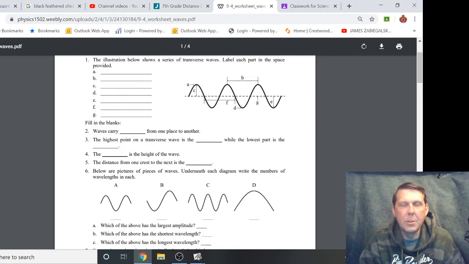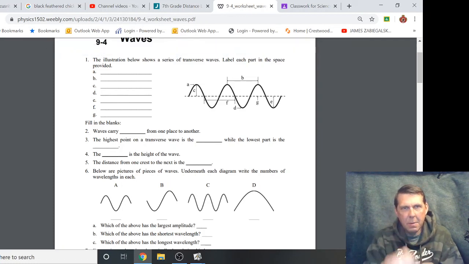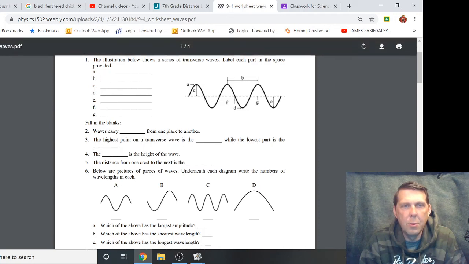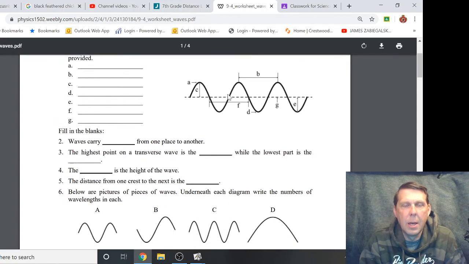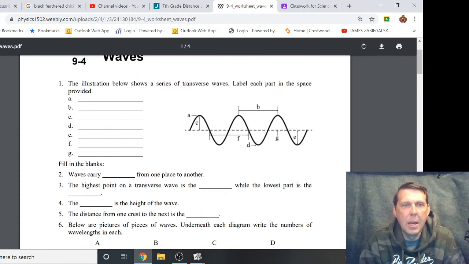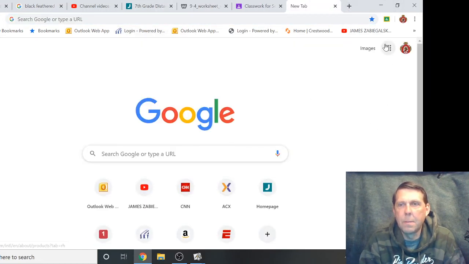You don't have to do anything else except make a document and put these correct answers in it. So let's go 1 through G today. Use this diagram here, then create a document and attach it to the assignment.